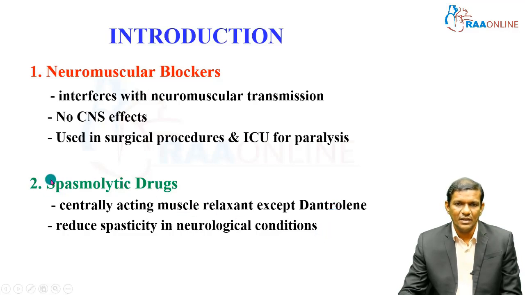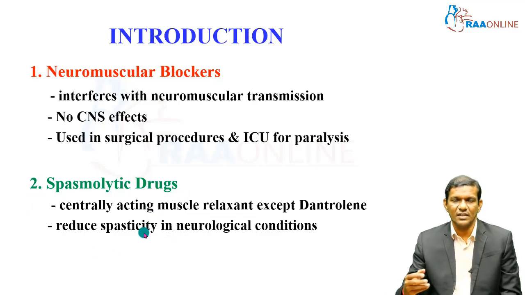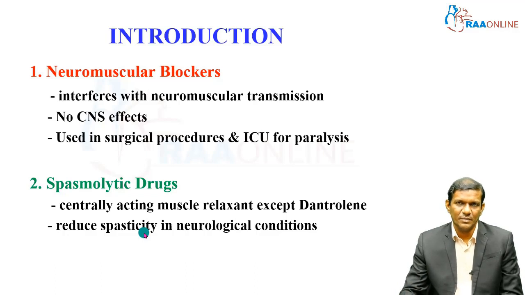These spasmolytic drugs are used to reduce spasticity in neurological conditions such as cerebral palsy, multiple sclerosis and upper motor neuron disorders, where the tone of the skeletal muscles will be reduced. Otherwise it will not cause paralysis, because it is not acting at the neuromuscular junction. That is why it is called a spasmolytic drug. So these are the two main categories of skeletal muscle relaxants.